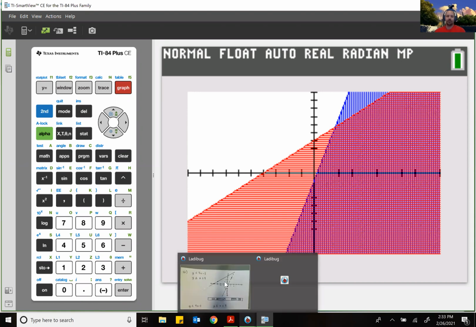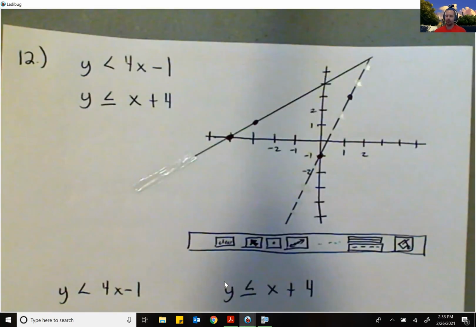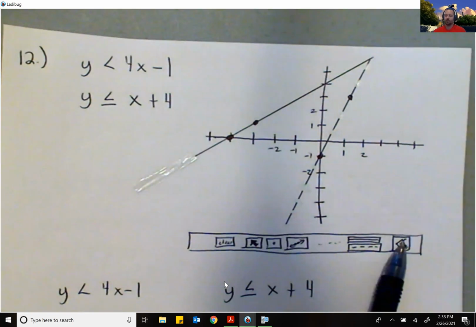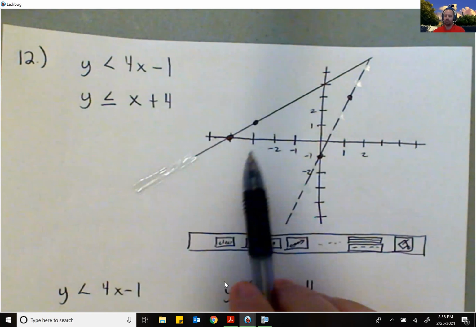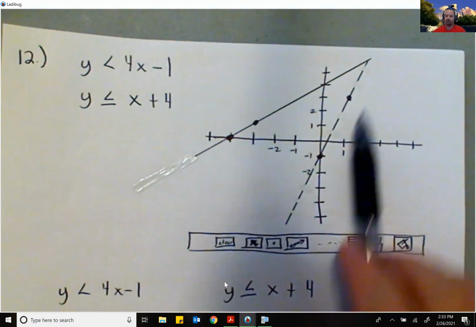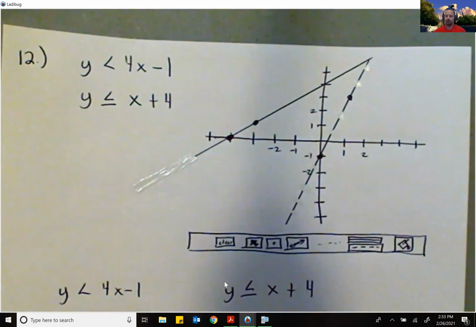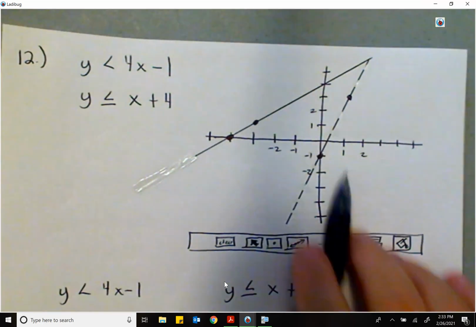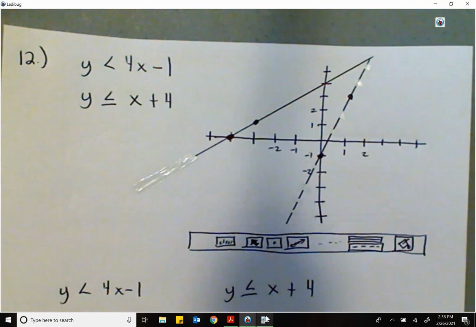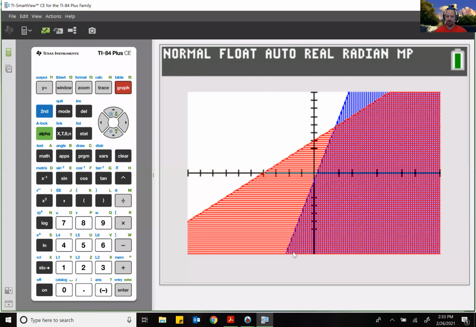So let's come back to our picture. I click on the paint bucket. Do I click in region 1, region 2, or region 3? Three. Yes, it's right over here. This is that region 3 that I said. Here was region 1, there's no shading.